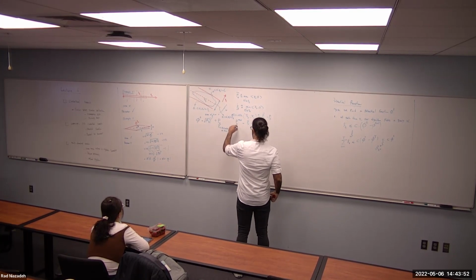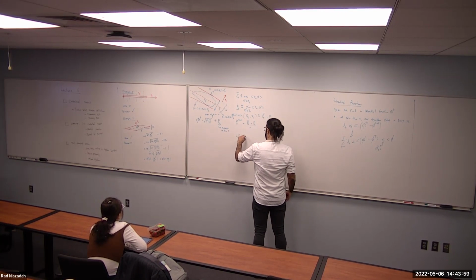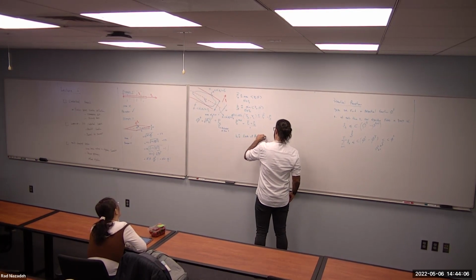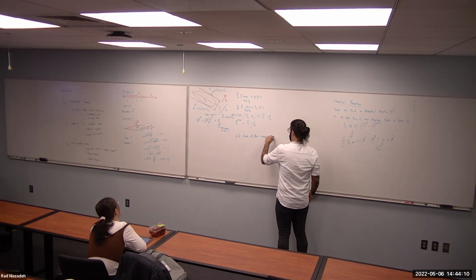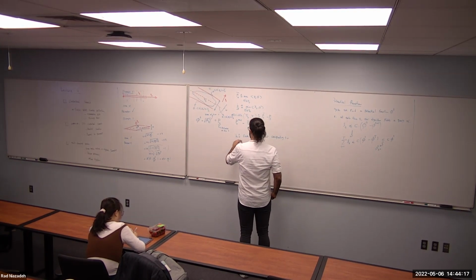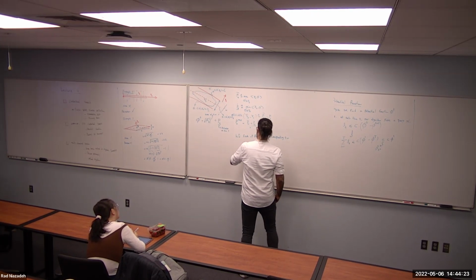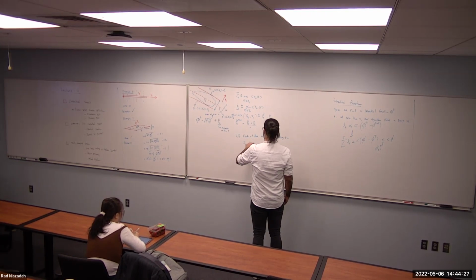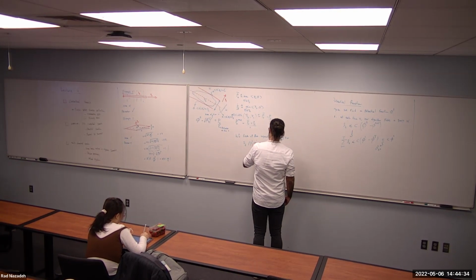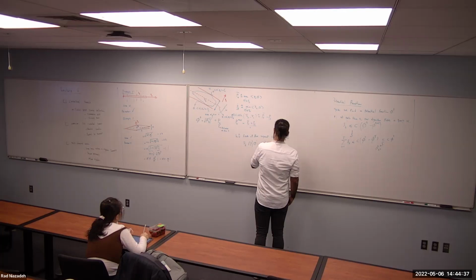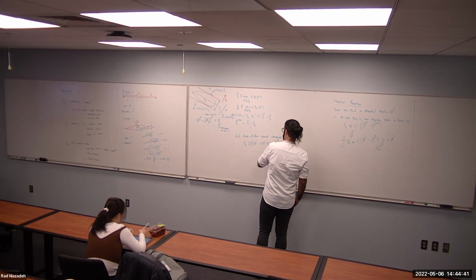Let me define h to be the length of the line segment corresponding to S_t intersected with that hyperplane, so all the theta prime such that the dot product of theta prime and x_t is equal to p_t.